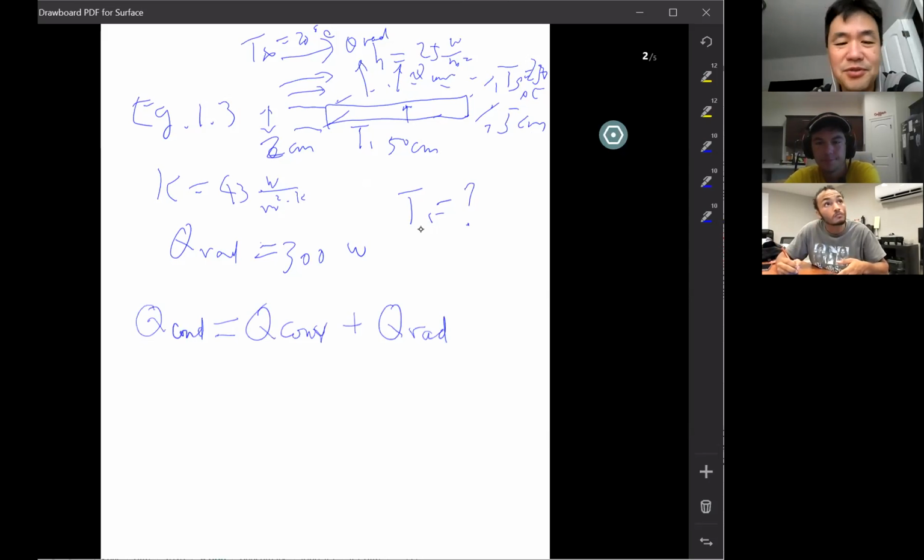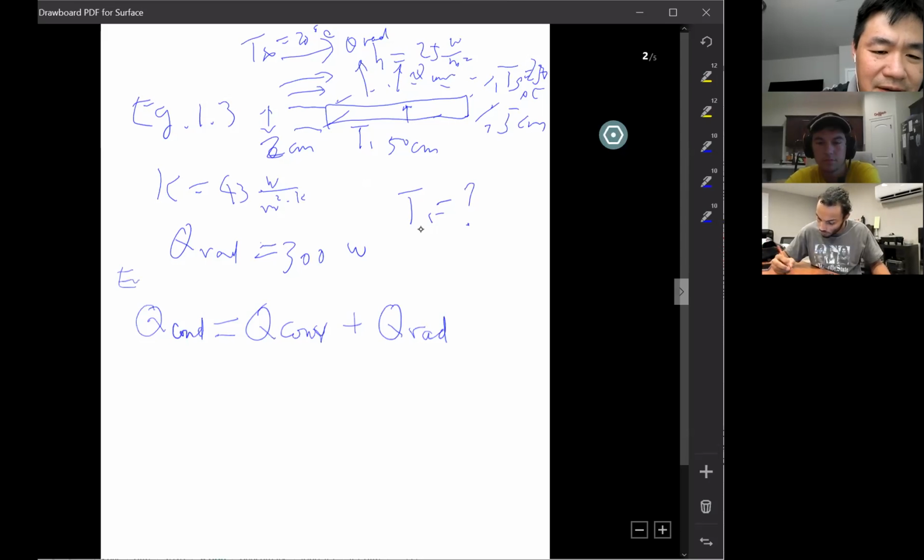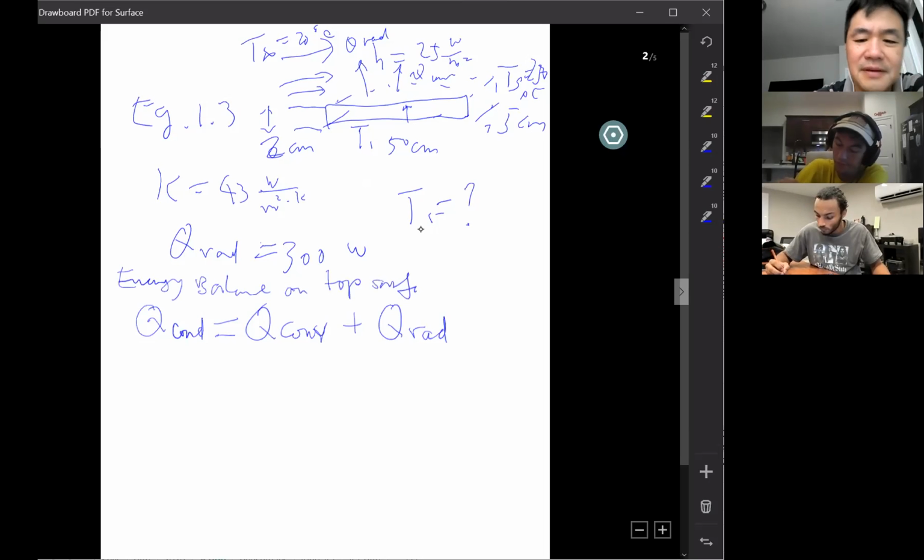If this is a quiz problem, I'm looking for this equation basically. Strictly speaking, if you can write a couple of words on top of the equation, like energy balance, top surface, that would be great.